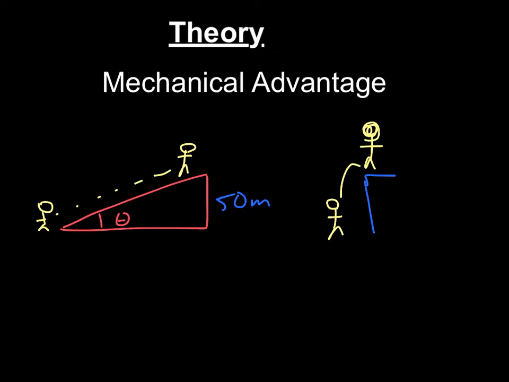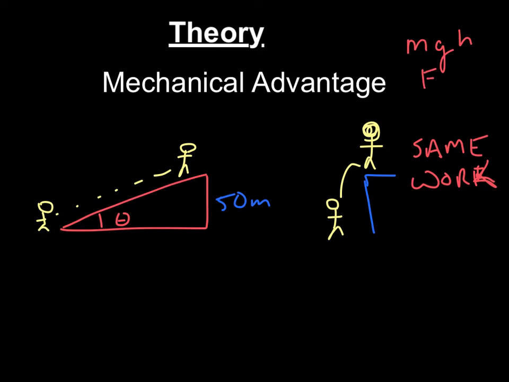Who did more work? The answer is no one. It's the same amount of work. The reason it's the same amount of work is because if you're looking at the work against gravity, which is mgh, remember, looks a lot like potential energy.